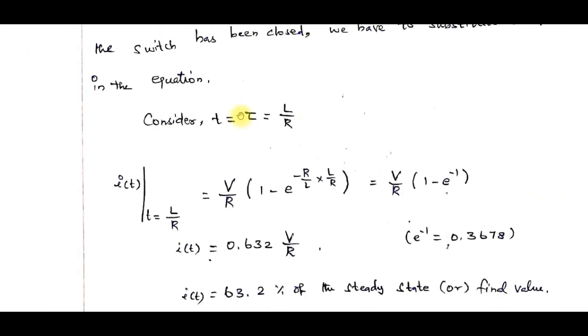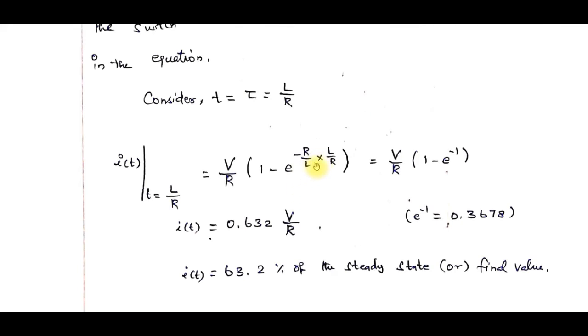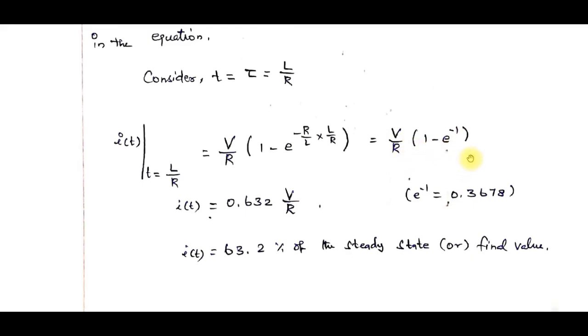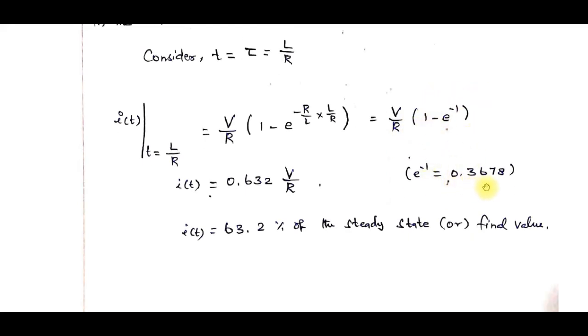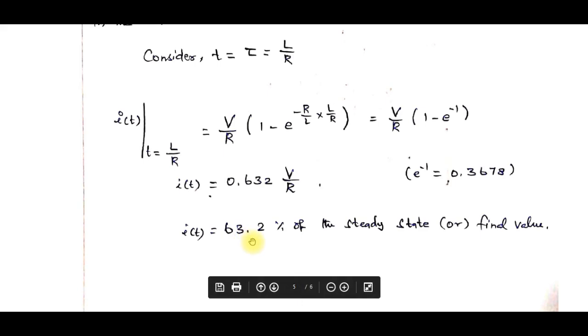Then substitute this tau value here. If we substitute this, we will arrive at V by R into 1 minus e power minus 1. Okay, e power minus 1 is 0.3678. So if we substitute in this equation, we will have I of t equal to 0.632 into V by R. 0.632 is 63.2 percent.